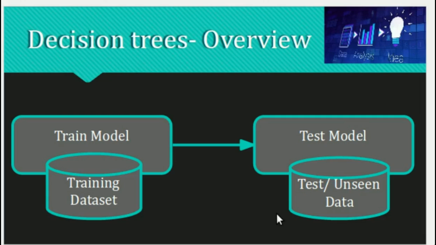Generally, in a classification model, the data set is divided into two parts: test data as 20% and 80% as the training data set. On the next slide, I will show you the example. From that, you will clearly understand what exactly this 20% and 80% means.